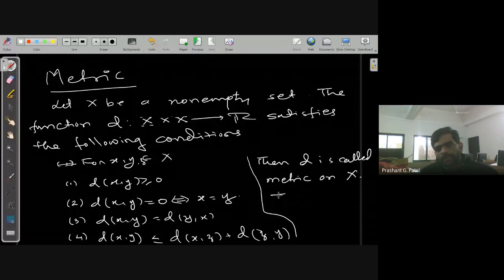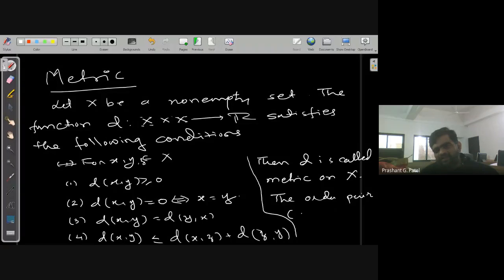And the ordered pair X comma D is called a metric space. Okay, so this is the definition of a metric and a metric space.